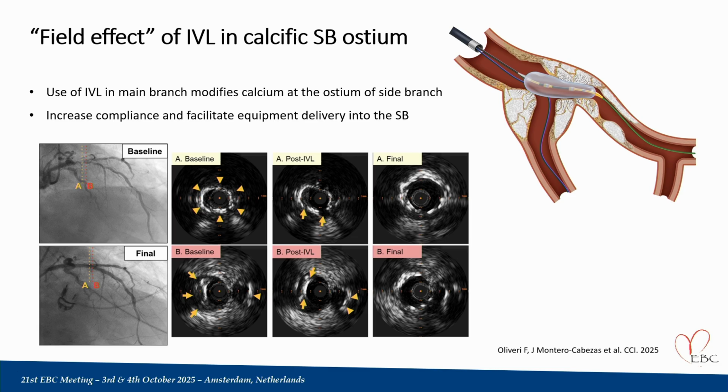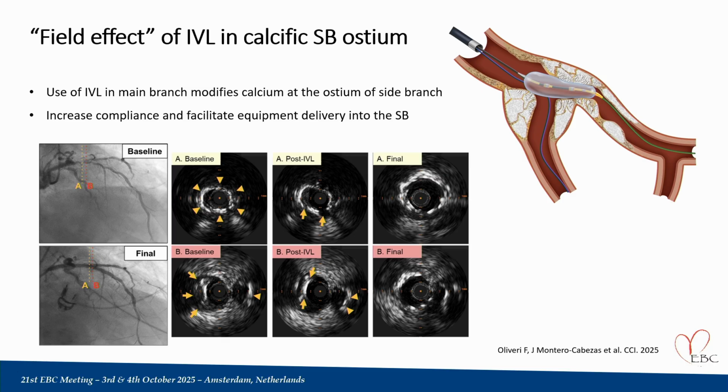We often have calcification in other locations within the bifurcation that we are treating, although not visible on fluoroscopy. Even though we might not be able to cross the side branch initially, using Shockwave IVL in the main branch, we are able to generate a field effect and cracks in the side branch that we intend to treat.